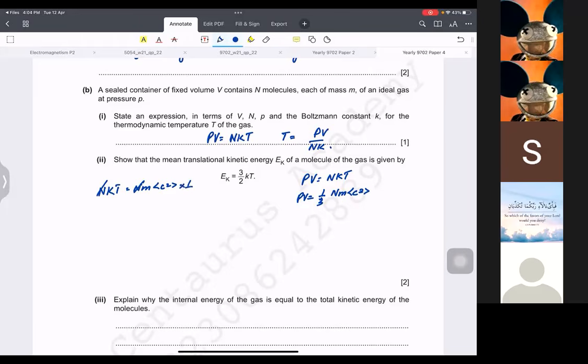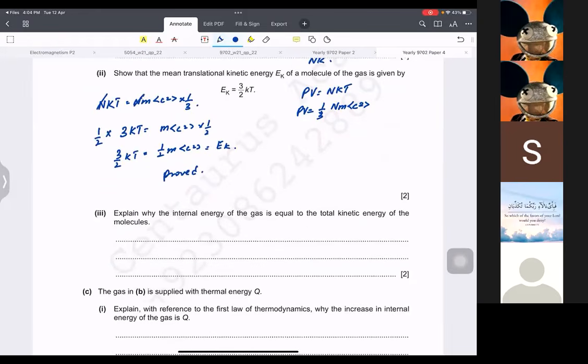Here it is. So you multiply 3 there, so it will be 3kT equals mc square. Then you multiply half on both sides. This will be 3 by 2 kT. This will be half mc square, which is the kinetic energy. So proved.